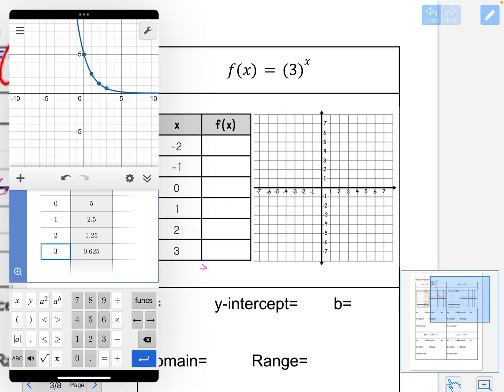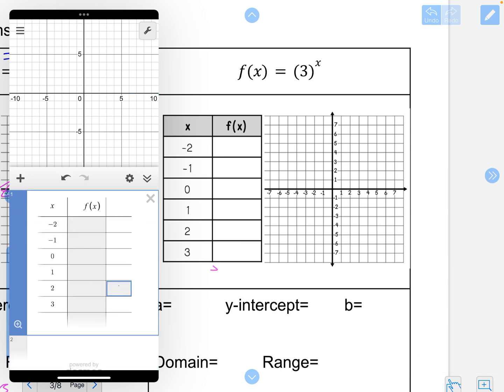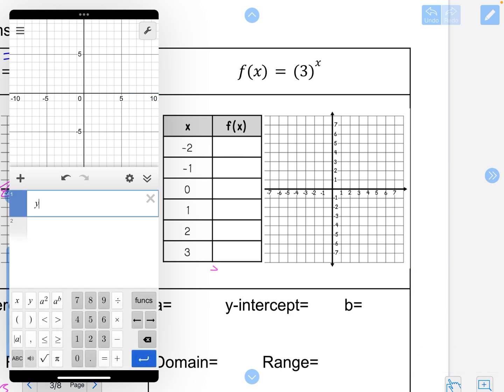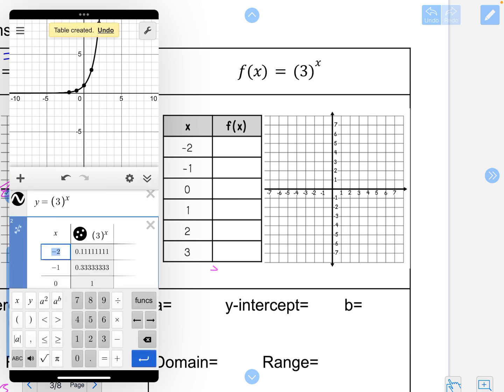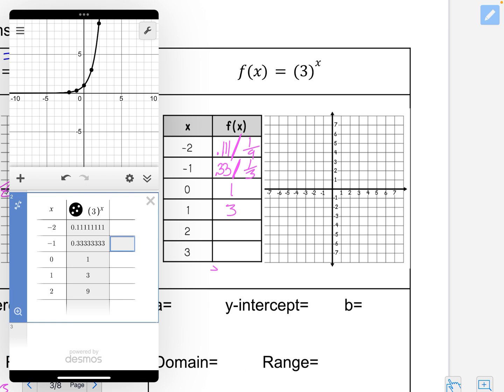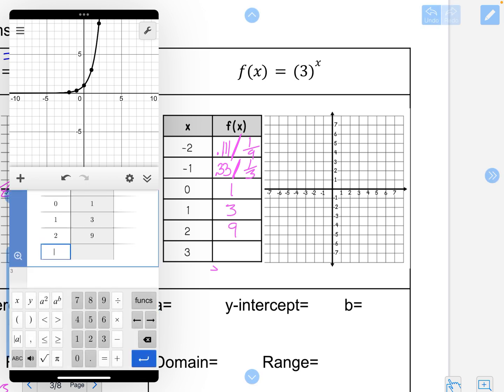All right, so we're going to do the same thing with this one right here. So I'm going to type in my equation. I'm going to use y equals this time, parentheses 3 to the x. Settings, table, 0.111, which I happen to know is 1/9. 0.33, which I know is 1/3. 1, 3, 9, and I'm going to type in 3, which is 27.